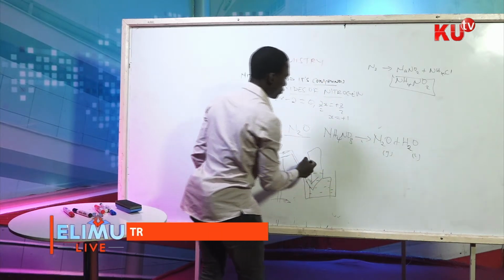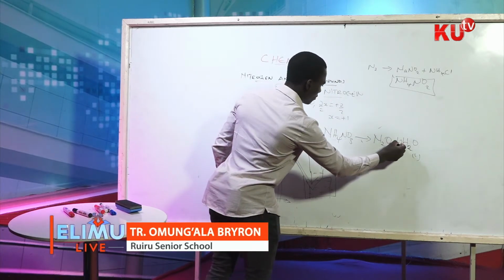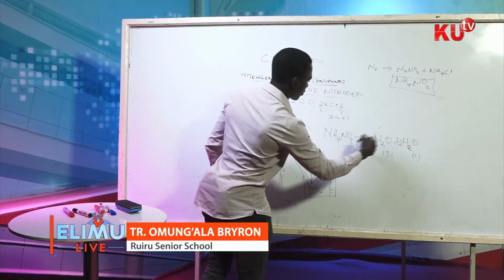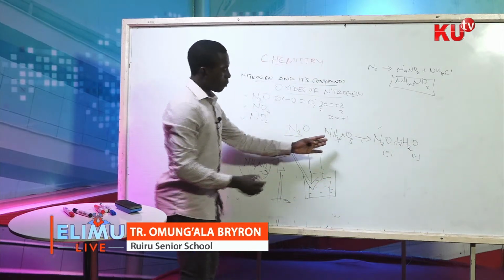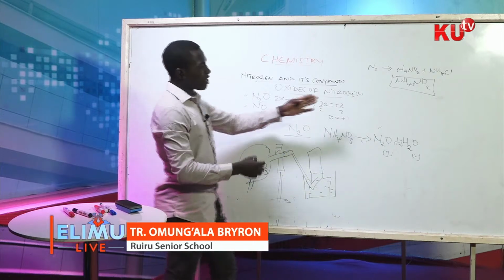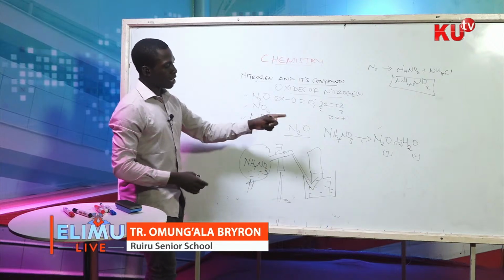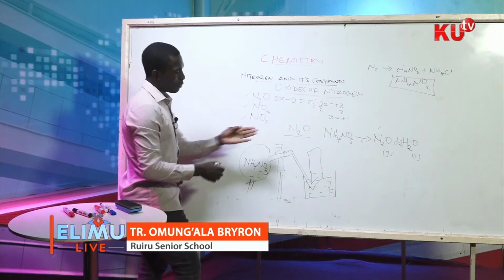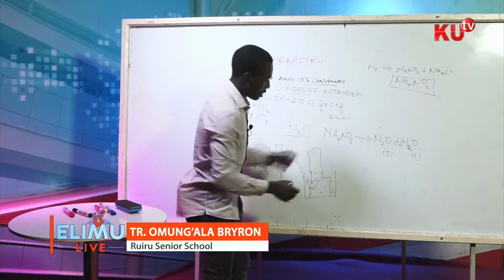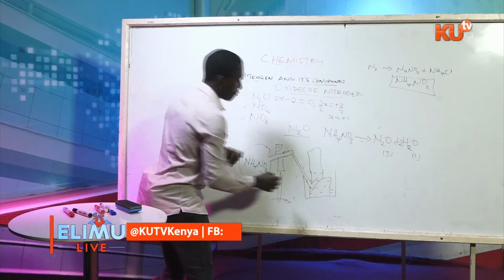Let's balance the equation. We have two molecules, hydrogen is 4, oxygen are 3, so it's balanced. So for ammonium nitrite, it was for nitrogen gas, but in preparation of nitrogen 1 oxide, we use ammonium nitrate. So when ammonium nitrate undergoes thermal decomposition, we obtain nitrogen 1 oxide. Now, another difference is this.